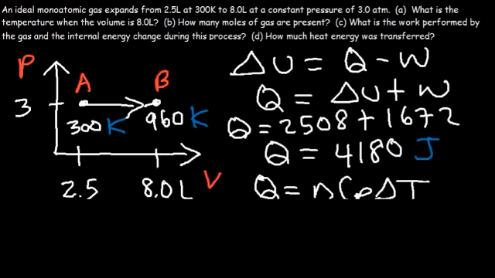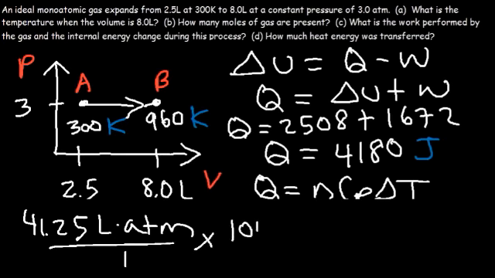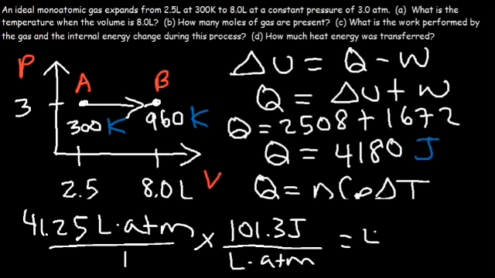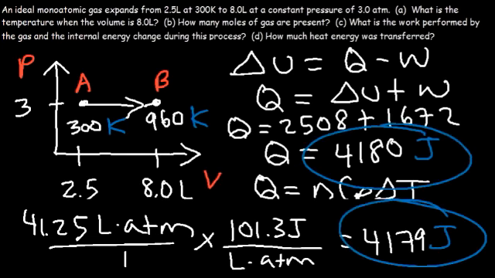So as of now, you should get 41.25 liters times atm. So we need to multiply by 101.3 joules. And if you do that, you should get about 4,179. As you can see, these answers are very, very close. So that's how you can calculate the heat transferred in terms of pressure and volume, instead of using temperature.